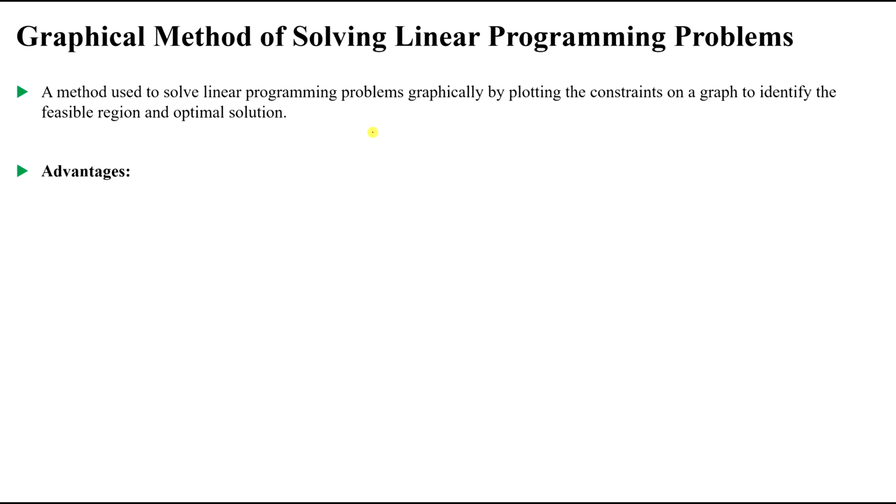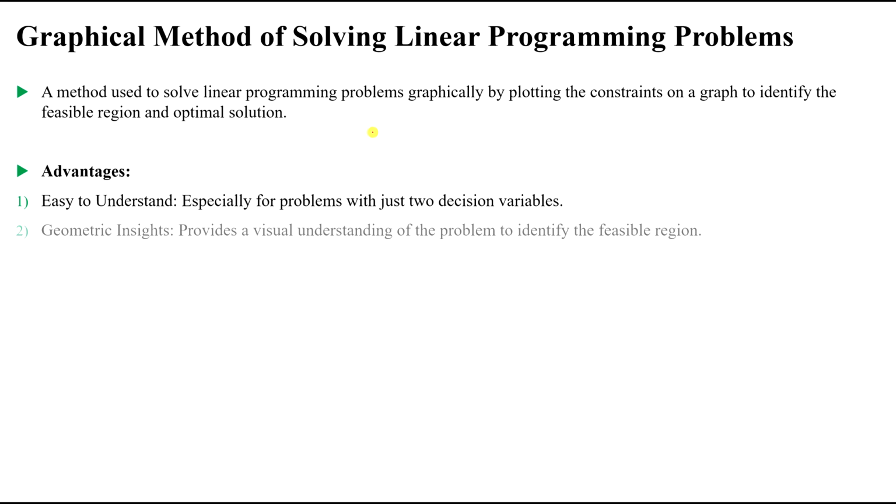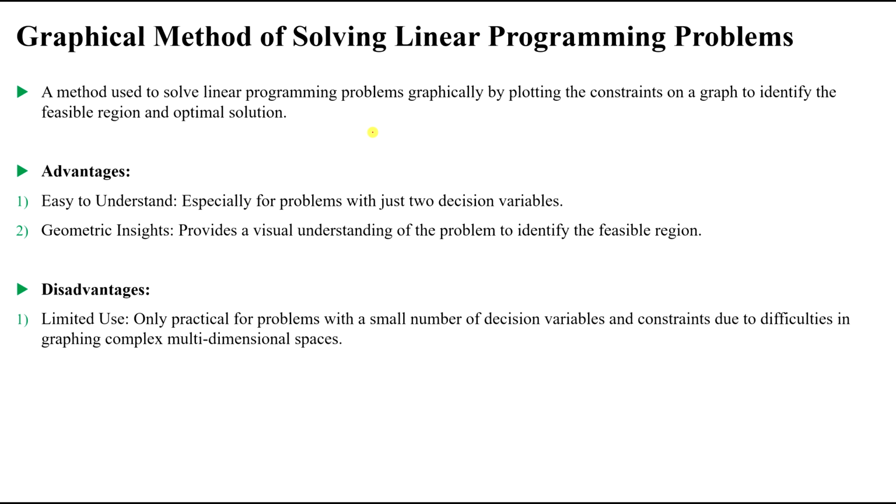The advantage of this method is that it is easy to understand, especially for problems with just two decision variables, and it provides geometric insights, giving us a visual understanding of the problem in order to identify the feasible region. The disadvantage is that it is limited to only two variables. More than this, it will be much more complicated. So only two decision variables, or two unknowns.